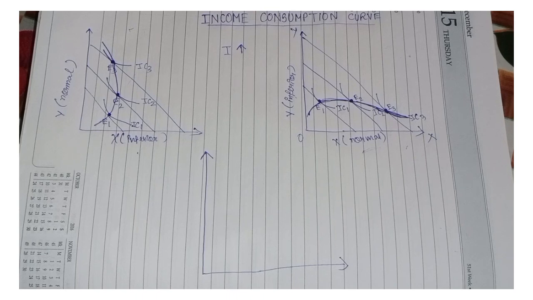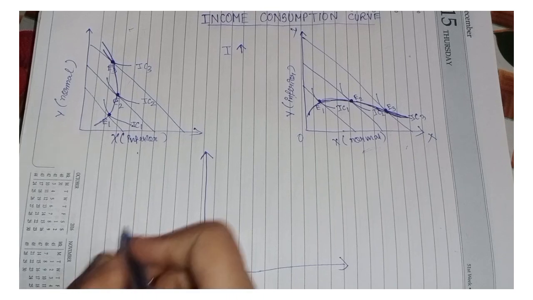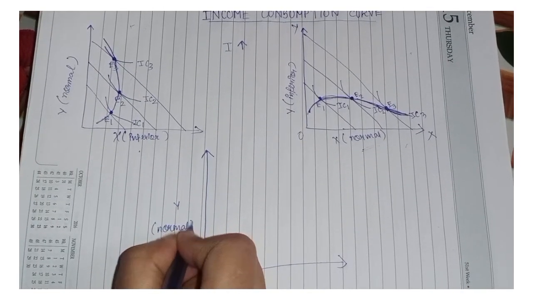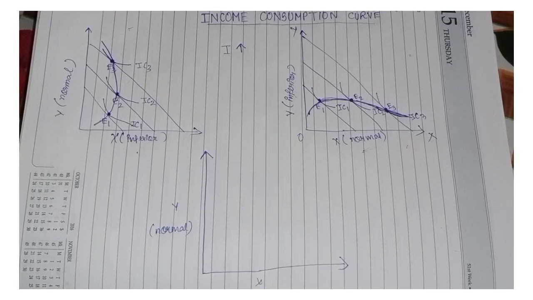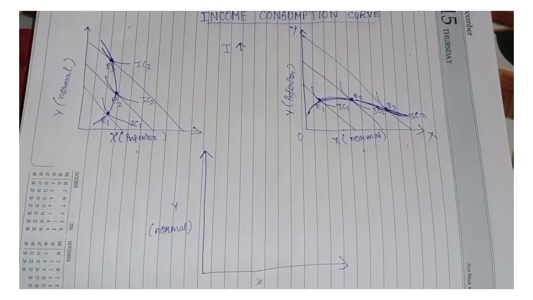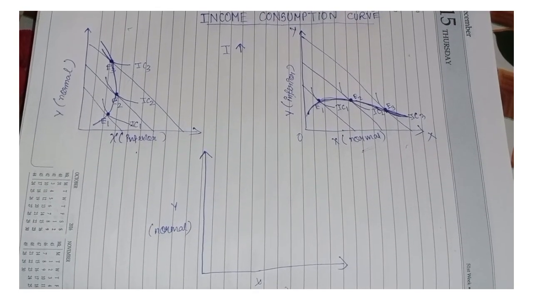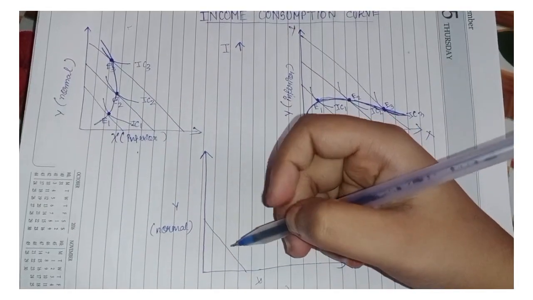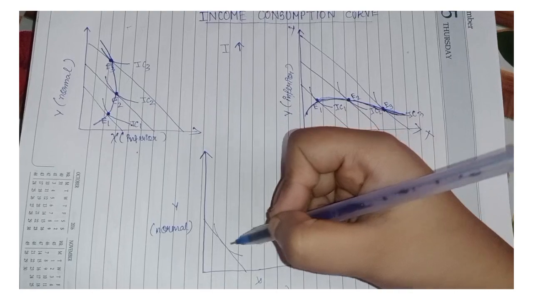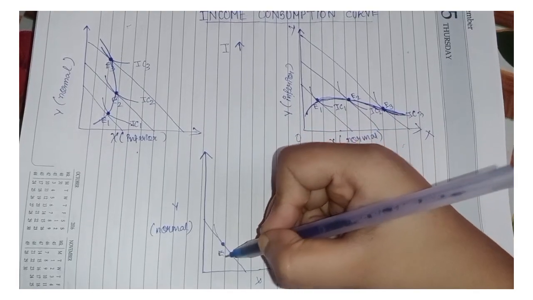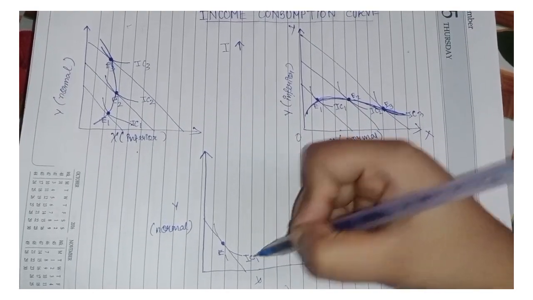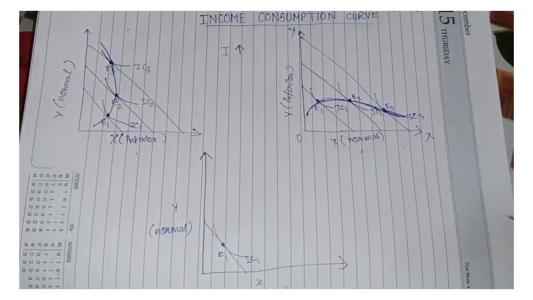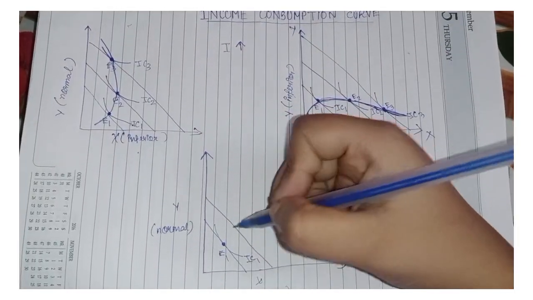Then our next case is, what will happen if y is normal good, at the same time x is also normal good, both the goods are normal? Then what will happen? This is my budget line and this is my IC. Okay, now if my budget line increases, that is if my income increases, then my budget line will also increase.